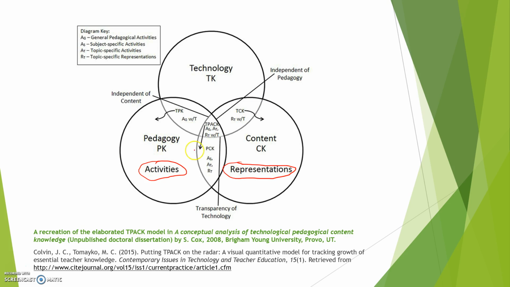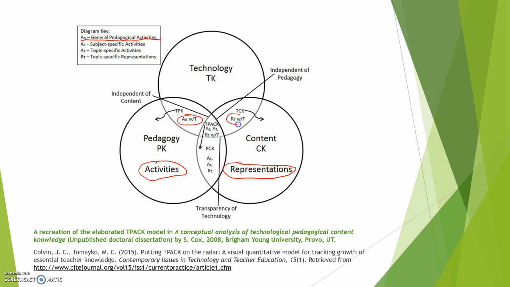All right, but really where this framework becomes more useful is in looking at the interrelational knowledge areas. So let's take a look at TPK, which is our technological pedagogical knowledge. We see that they have AG with T. What that means is that if you're doing a general pedagogical activity with technology, that is a teacher action that demonstrates that they possess technological pedagogical knowledge.